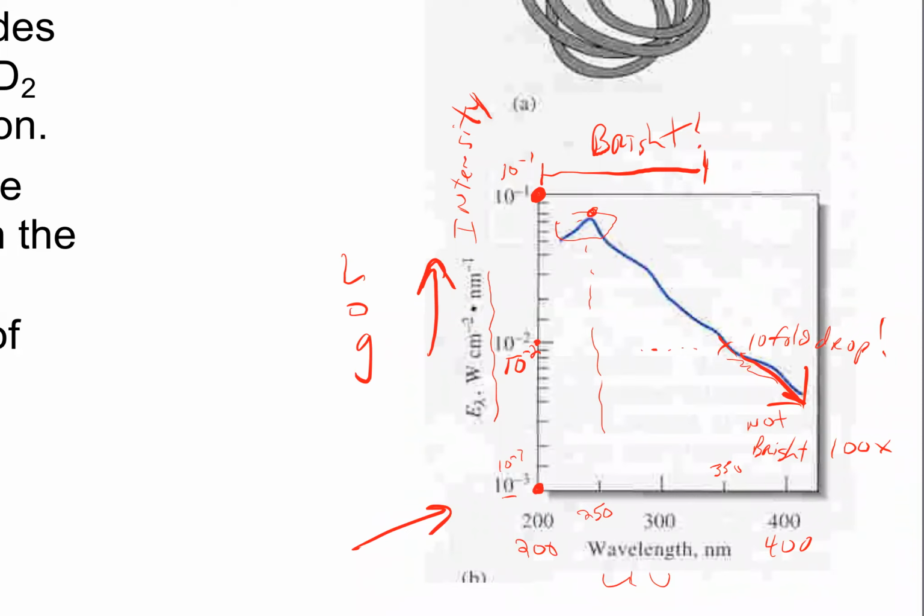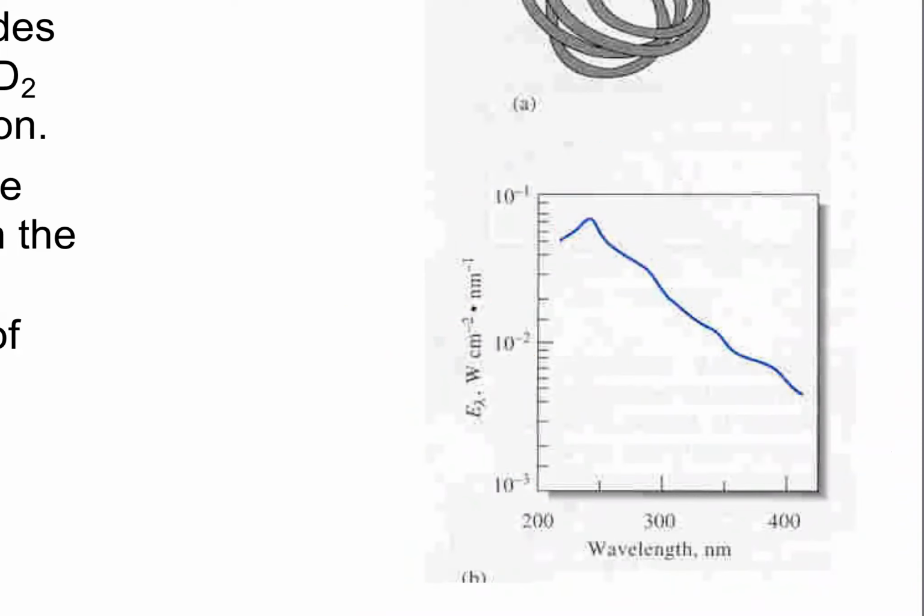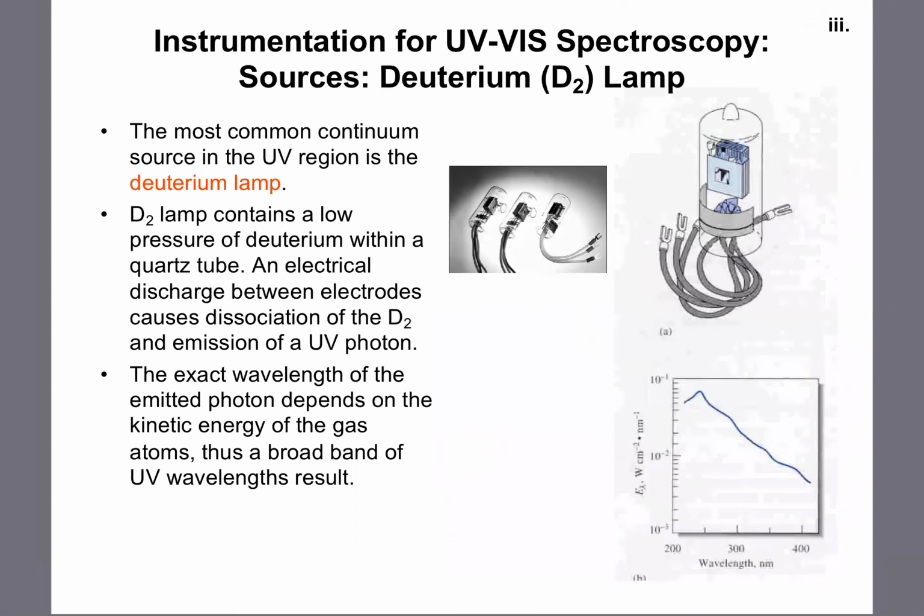So the deuterium lamp is an excellent source of ultraviolet radiation, but not so bright once we get out near the blue or the visible. Because of that, we're going to use the deuterium lamp almost exclusively for our UV source in spectrophotometers for molecular absorption spectroscopy. Almost universally, these are used, okay?